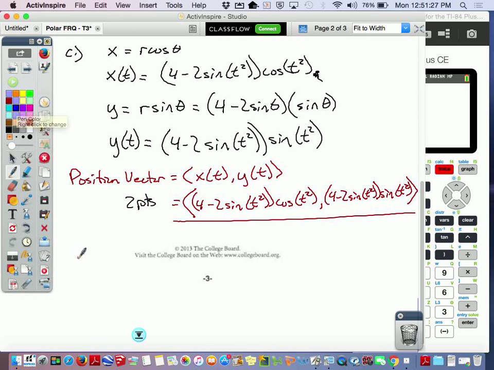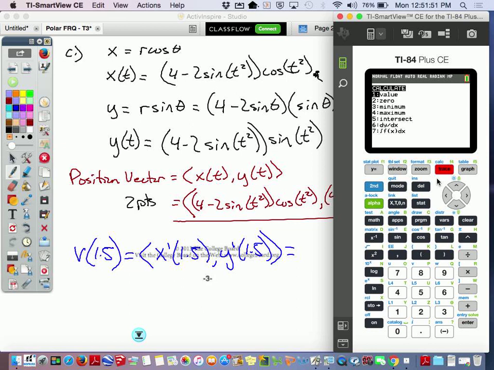So what we're looking for is v of 1.5, which means the velocity is the first derivative of our position vector. So I'm looking for x prime of 1.5, comma y prime of 1.5. These are numbers. Do I want to calculate these numbers by hand? Absolutely not. We want to use our calculator.